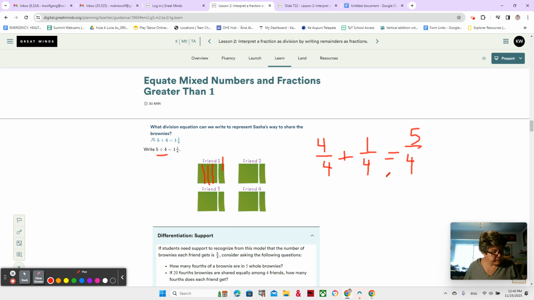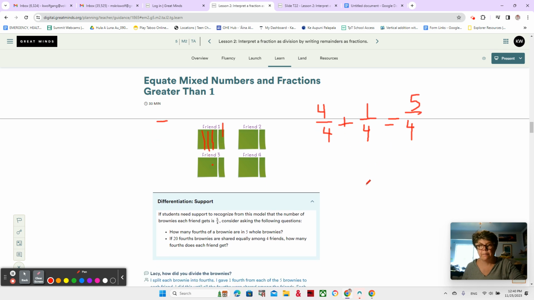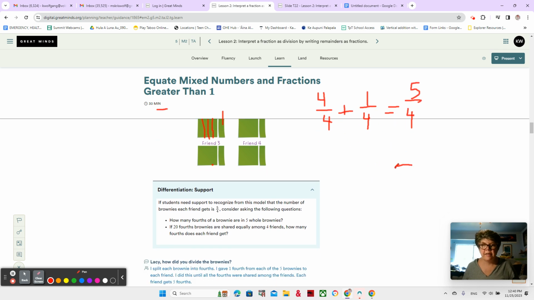All right, so let's show how the 5 brownies can be shared equally among 4 friends using the vertical form. Okay, so we could say 5 divided by 4, right? 5 brownies divided among 4 people, and each person gets 1. 1 times 4 is 4, and we subtract, and what do we have left? We have 1.